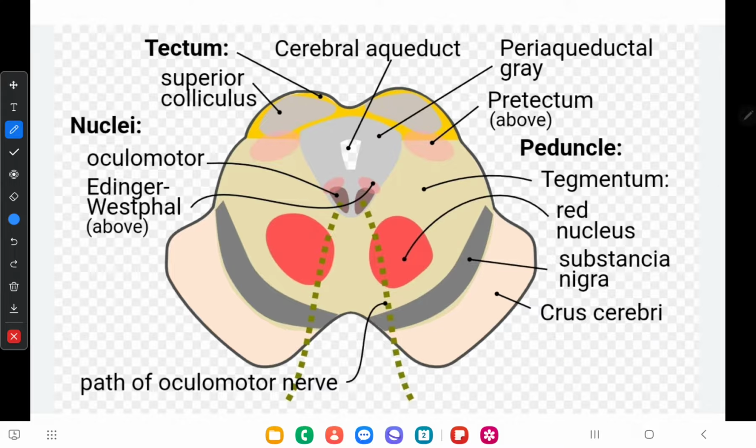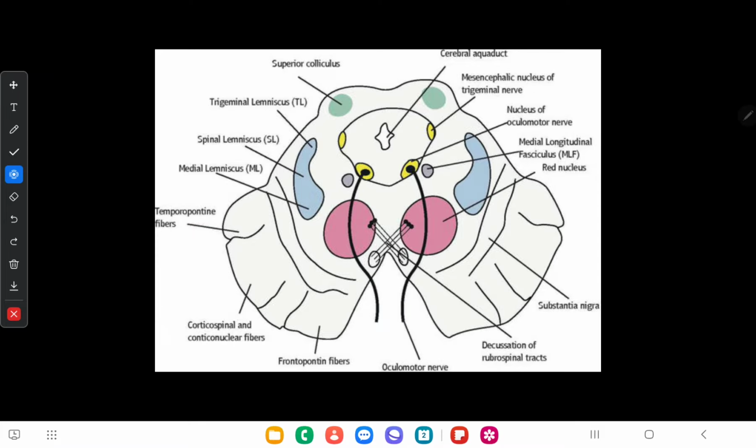When we talk about the connections of the oculomotor nerve nuclei, the nuclei are connected to corticonuclear fibers from the opposite cerebral cortex and also to the superior colliculus and pretectal nucleus. The vestibular nuclei are connected through the medial longitudinal bundle. In this picture you can see the medial longitudinal fasciculus.